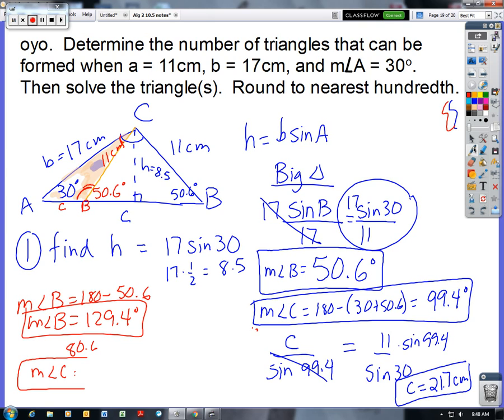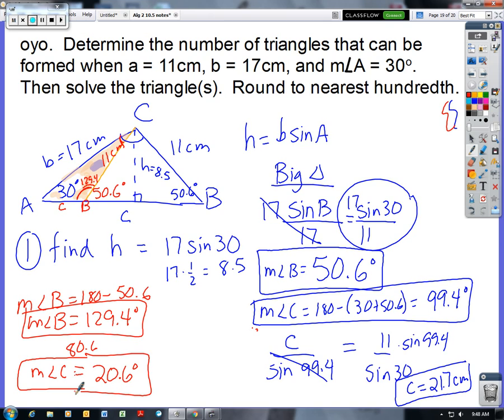Okay, 180 minus 50.6, 129.4 is this angle. That makes perfect sense. All right, let me try this again. 180 minus the sum of 30 plus 129.4. Well, 20.6. What the heck? I don't know what I just did earlier, but that's 20.6.